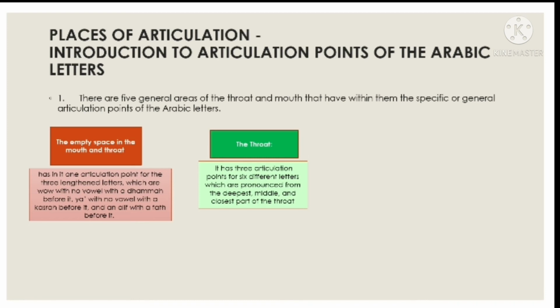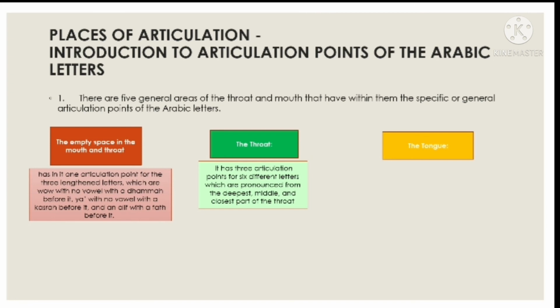Okay, so we have the deepest part, which is closest to the chest, then the middle part of the throat, then the closest part of the throat. And from each place we have 2 letters, and if you count it all up, then in total from the throat we have 6 different letters that are articulated.